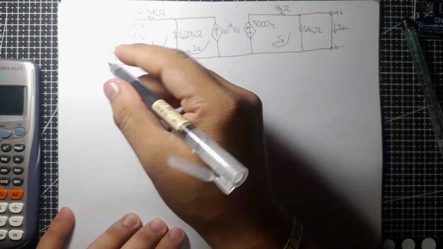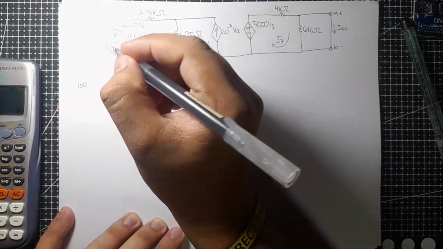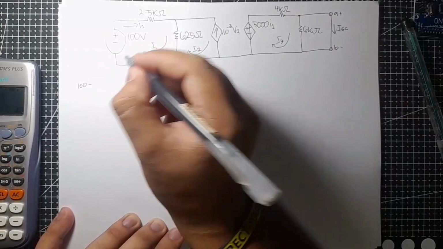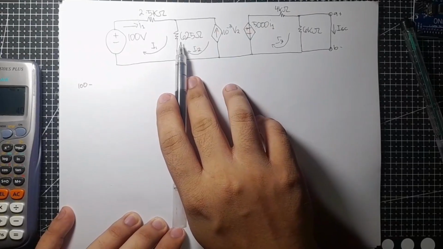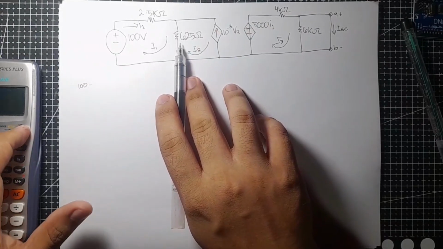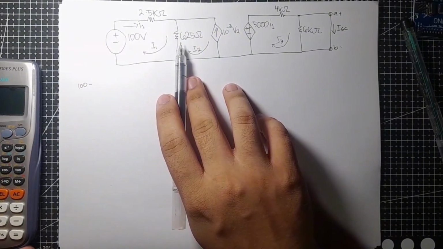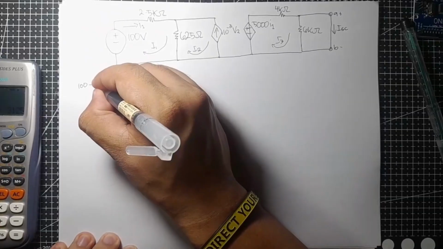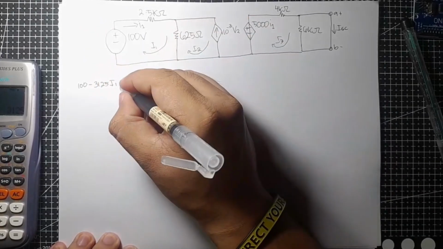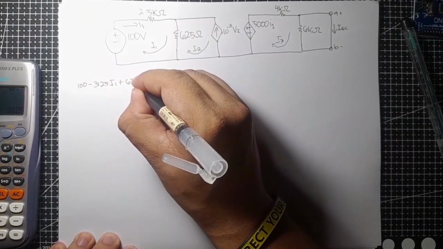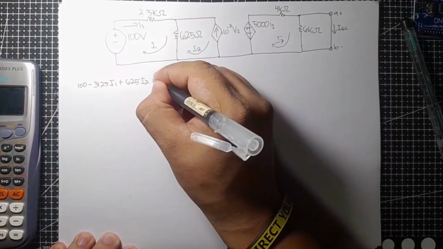So again, for I1 we have 100 minus 2.5K plus 625, which is 3125, 3125 I1 plus 25 I2 equal to 0.